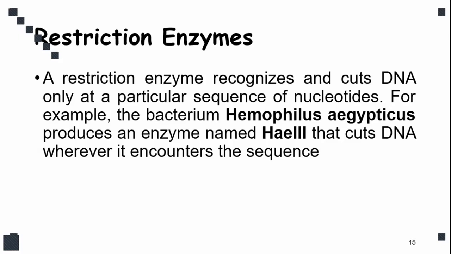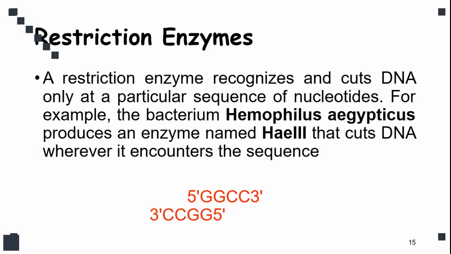So you can see here, Bacterium Haemophilus aegypticus produces an enzyme that is named HAE3, HAE from just the name as we have described earlier on, that cuts DNA wherever it encounters this particular sequence that is appearing at the bottom here. And what is the sequence? GGCC, CCGG, complementary sequence.